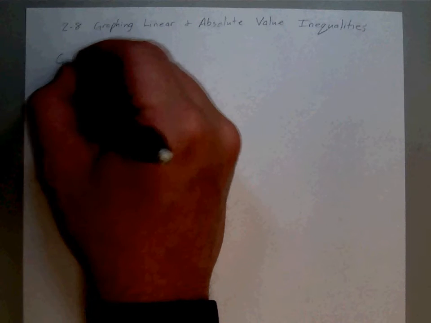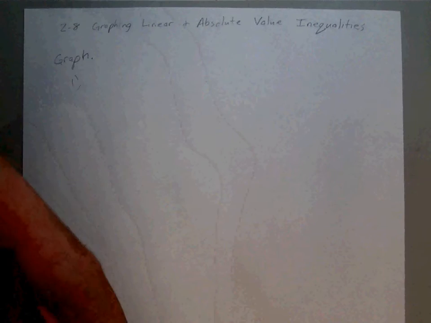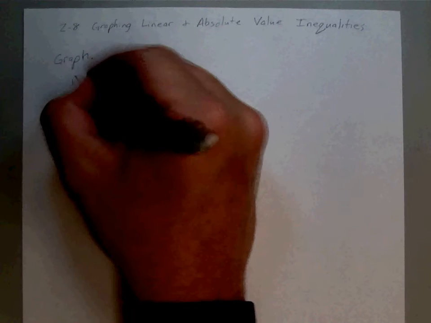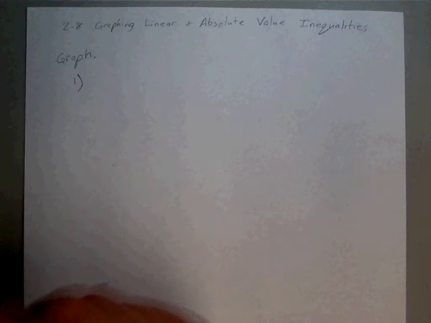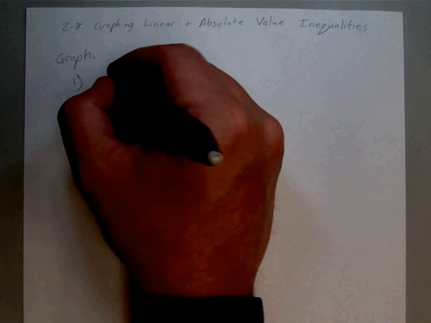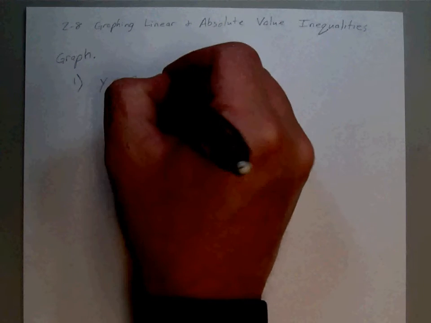So graph. Number one, I'm going to give an equation in slope-intercept form. Y equals negative 2x plus 3.